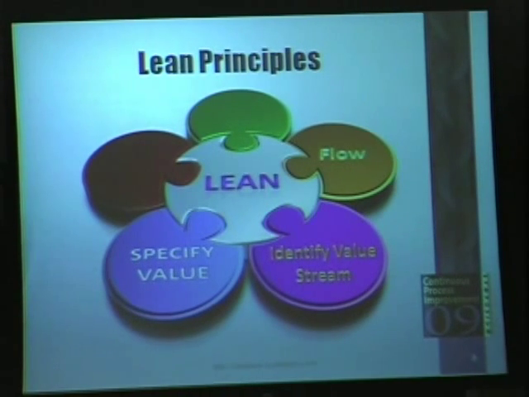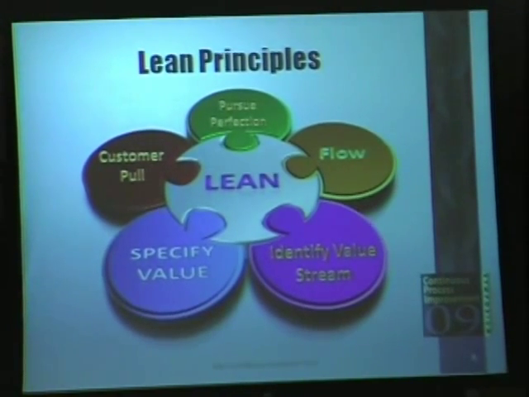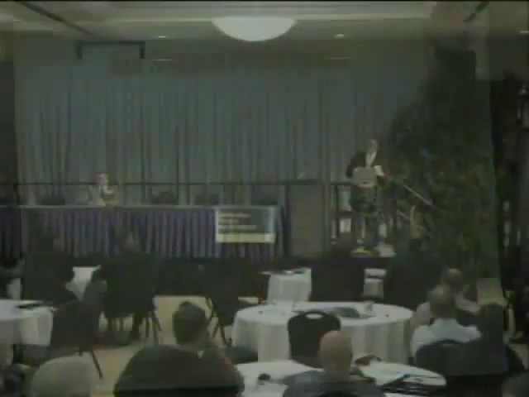Then create a flow of value to your customer, and then create a pull from your customer through your processes, and finally, pursue perfection. None of this is in conflict.